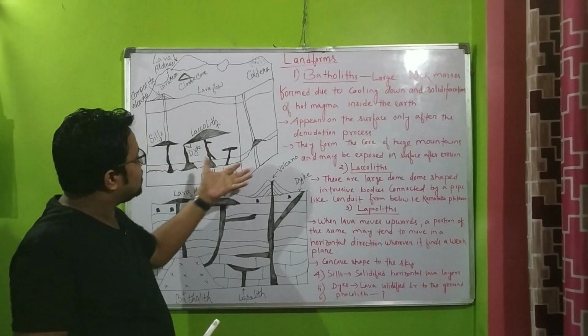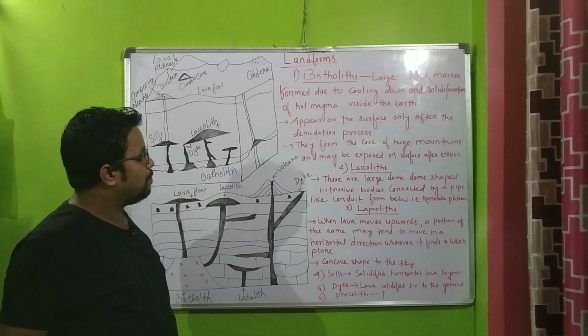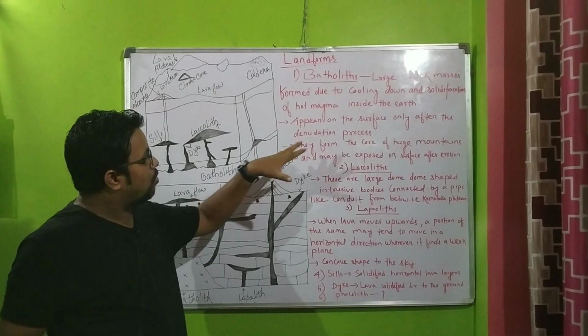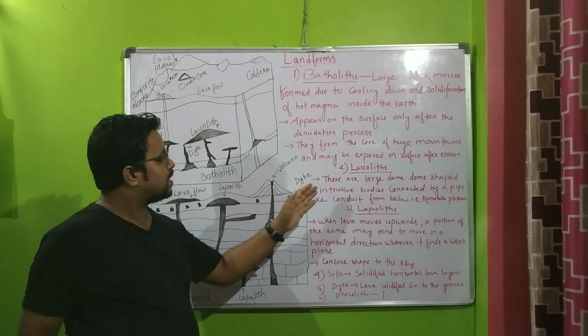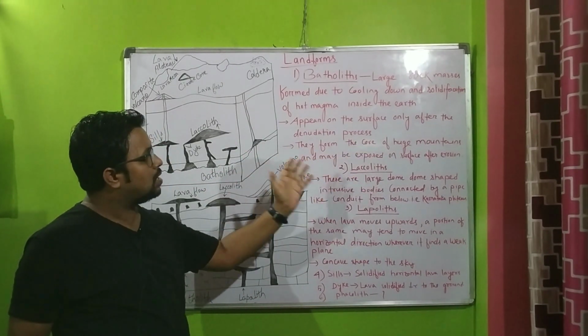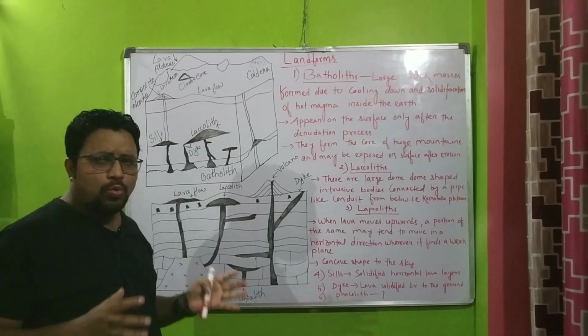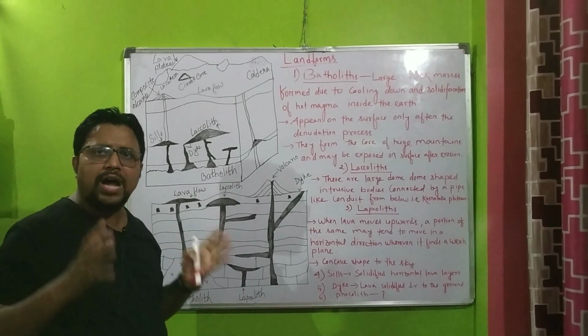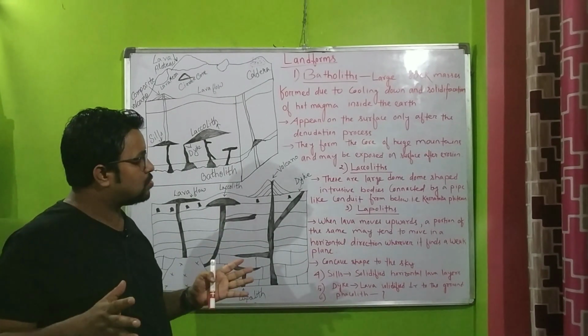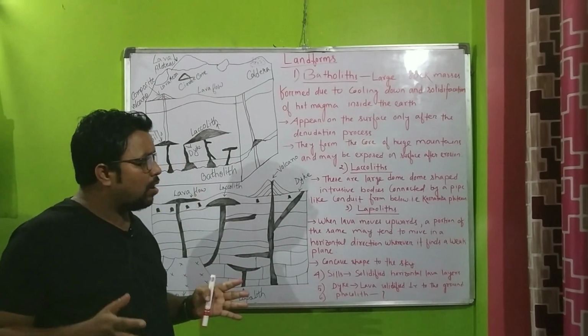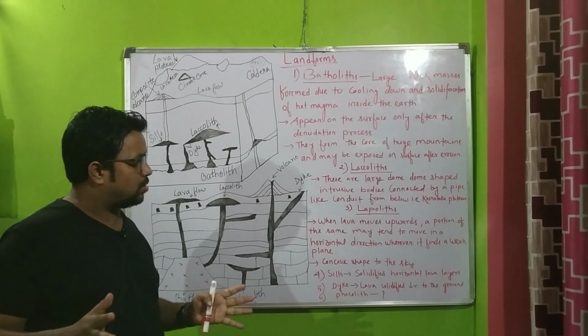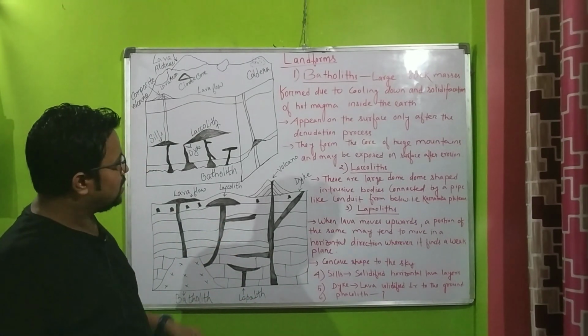Only after denudation are these batholiths visible. They form the core of huge mountains and may be exposed on the surface after erosion. The core of huge mountains is made up of batholiths, which can be seen only after erosion.